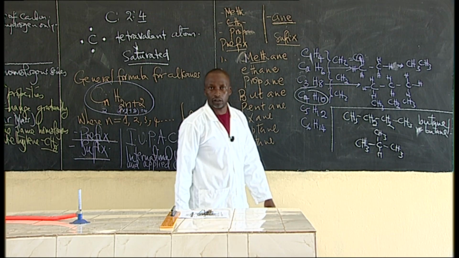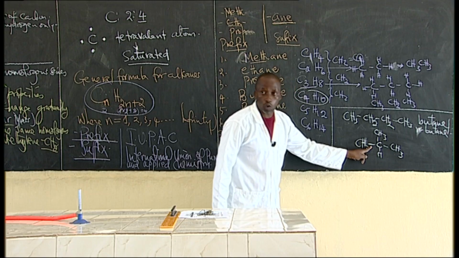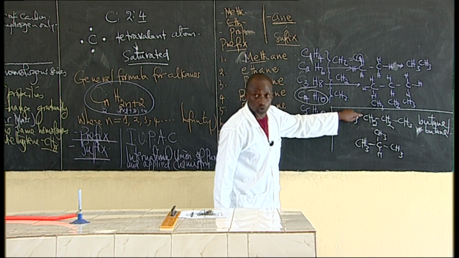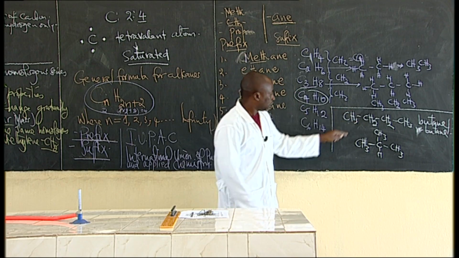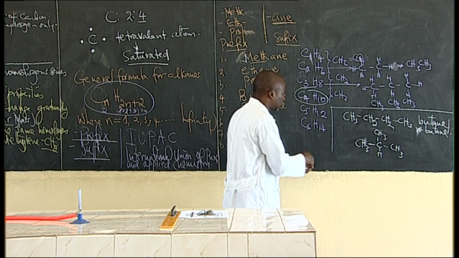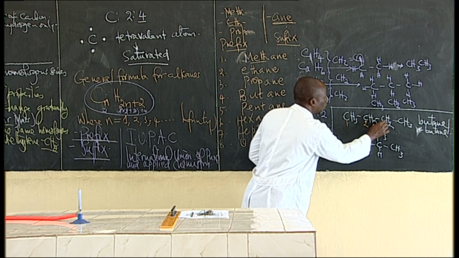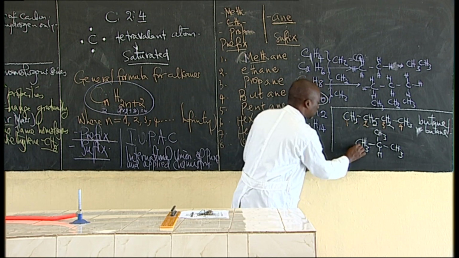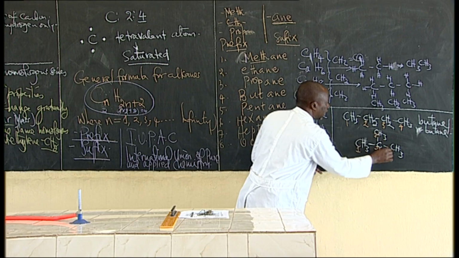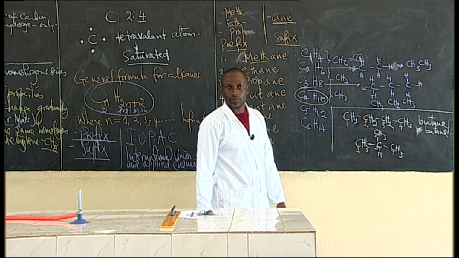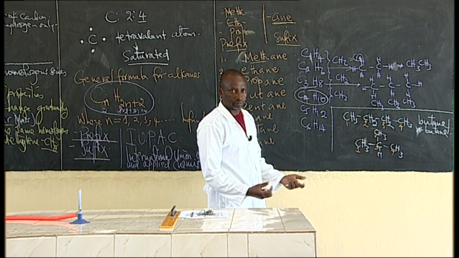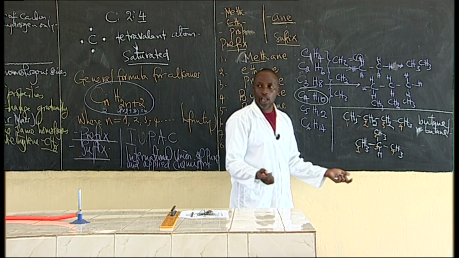Look at this one. When you look at this compound and this one, they have 4 carbon atoms: 1, 2, 3, 4. They are the same. Look at the number of hydrogen atoms.